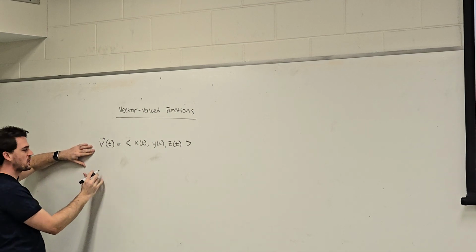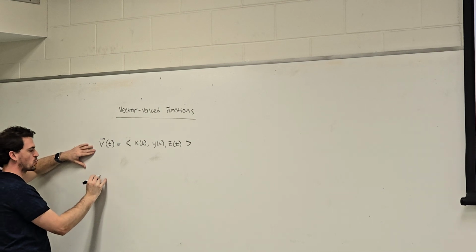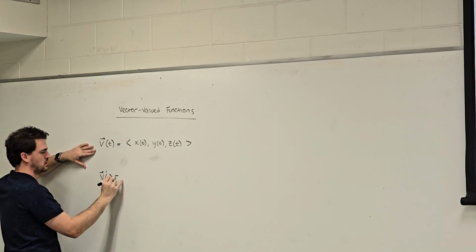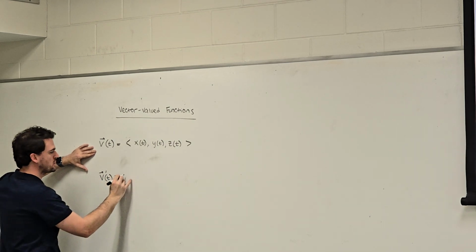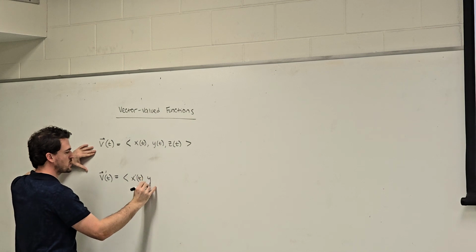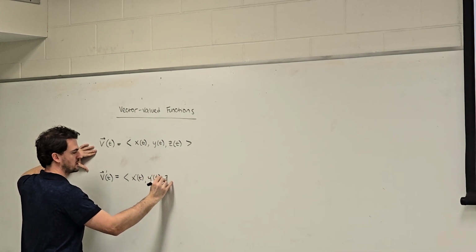It turns out that if you want the derivative of this vector-valued function, then you guys are going to love this. You just take the derivative of each of the components.